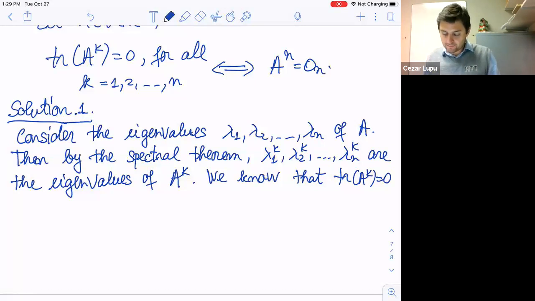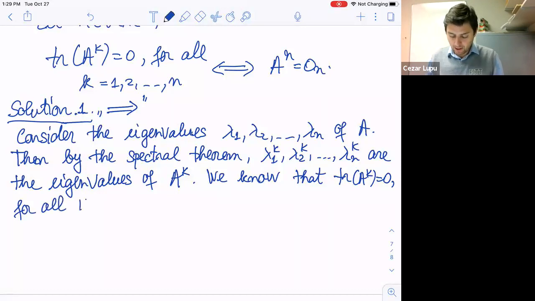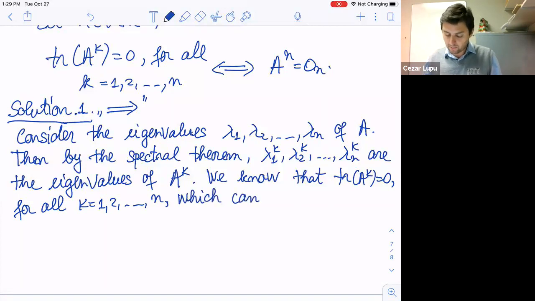I'm just going to prove this implication, and the other one I'll leave to you. So we know that the trace of A to the power k is 0 for all k equals 1, 2, ..., n, which can be rewritten in the following way.